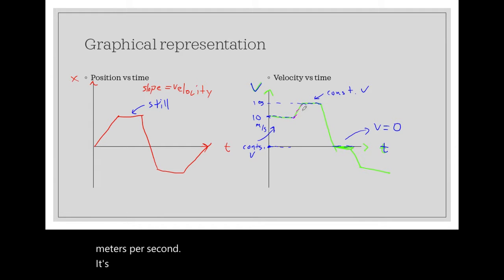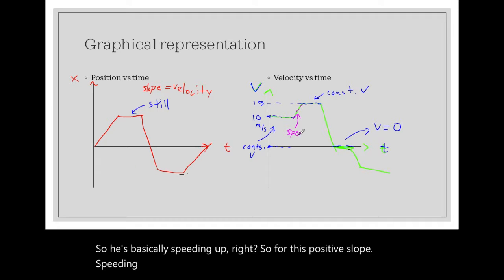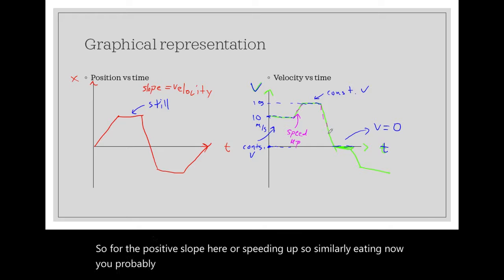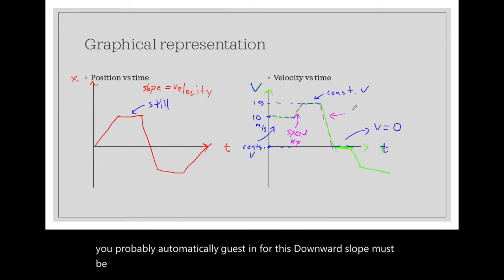And so he's basically speeding up, right? So for this positive slope, you're speeding up. Similarly, you can probably automatically guess that for this downward slope, you must be slowing down.